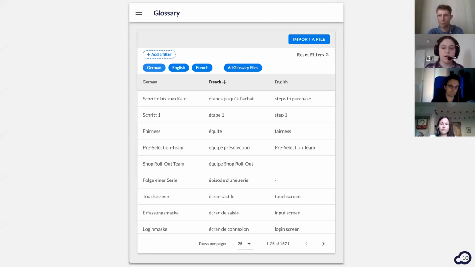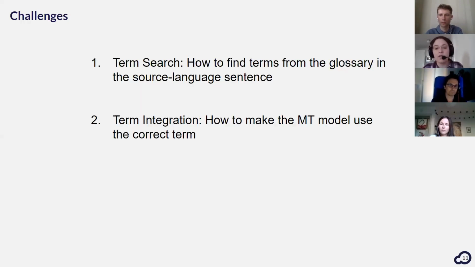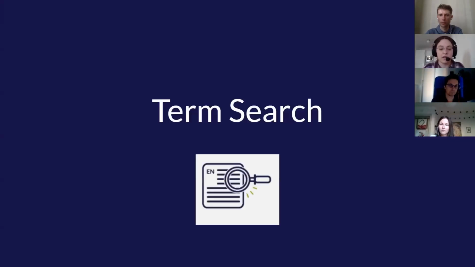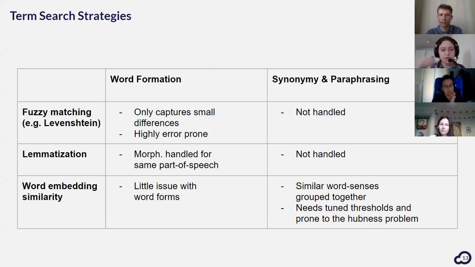So we need to figure out how to find these terms from this glossary in the source. We need to figure out, are there any terms in the glossary in the source sentence to be translated? There's a couple of big problems that you have to tackle with this. There are smaller problems as well, but I'll just talk about the two big ones.